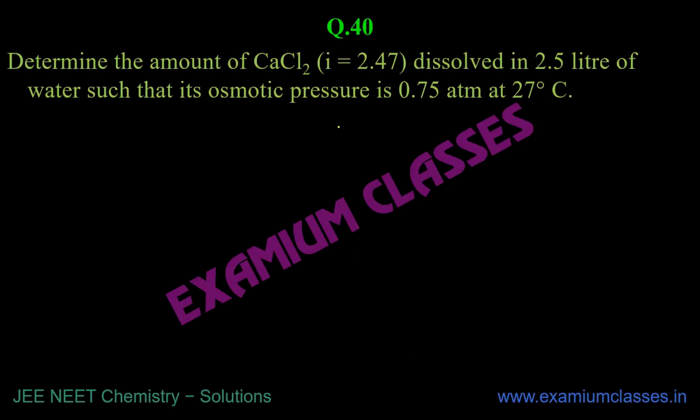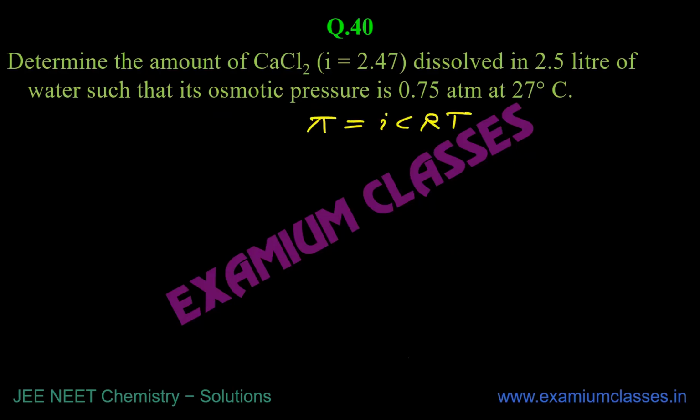Next: determine the amount of calcium chloride, i is given, dissolved in 2.5 liters of water such that its osmotic pressure is 0.75 atm at 27 degrees Celsius. So what is pi in terms of the Van't Hoff factor?